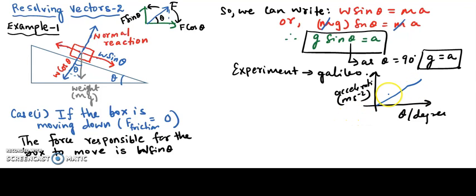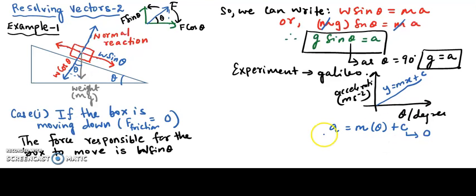As theta was increasing, acceleration also was increasing, so he got an equation y is equal to mx plus c, where y is acceleration and x is degree. In other words, a is equal to m theta plus c. Since your c is 0, you can find out the value of a when theta is 90.